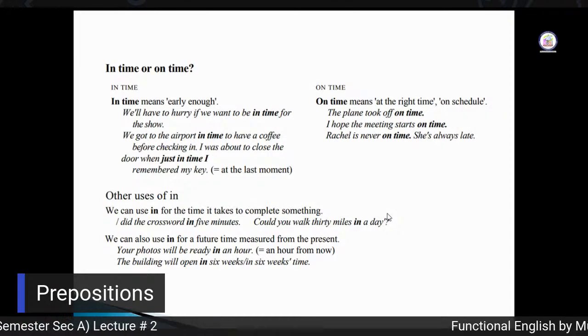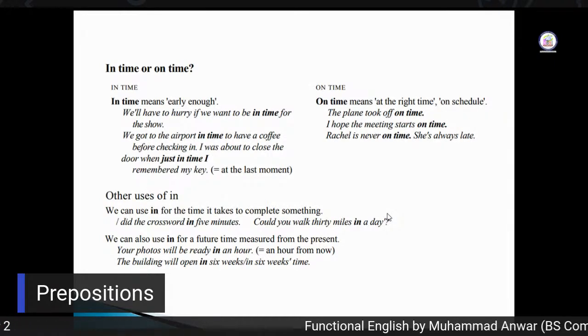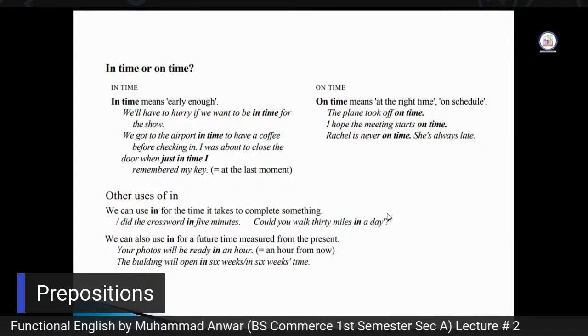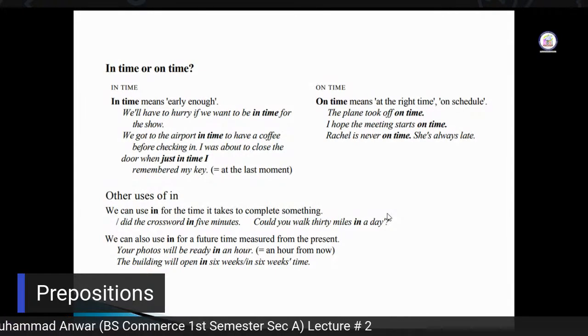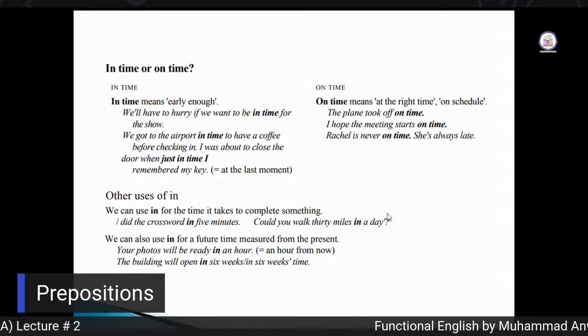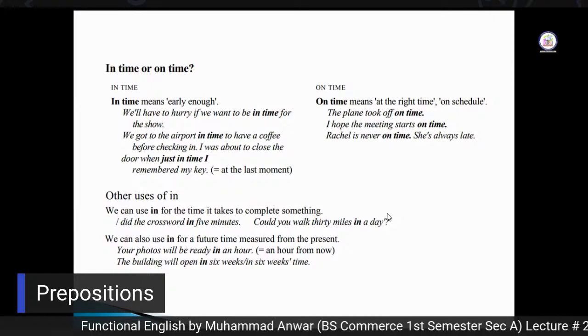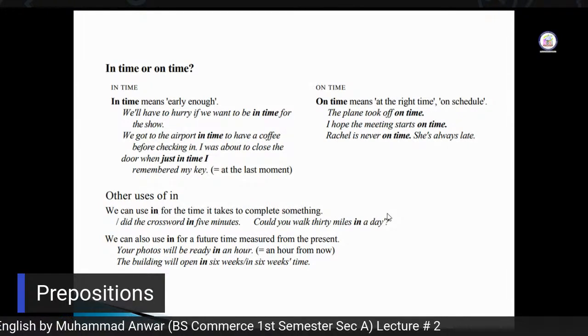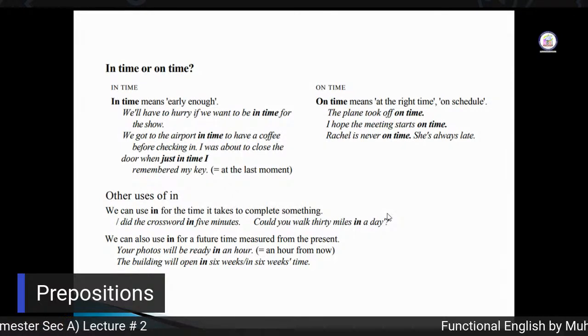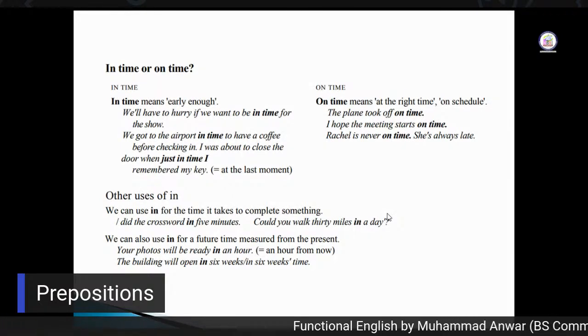We can also use it for a future time measured from the present. Your photos will be ready in an hour from now. The building will open in 6 weeks. In 6 weeks' time, so we can also use in such ways.